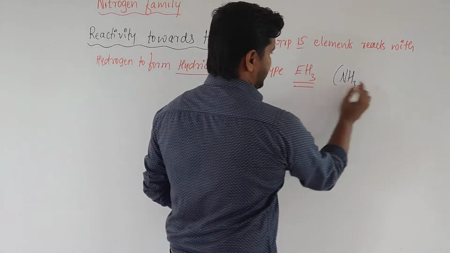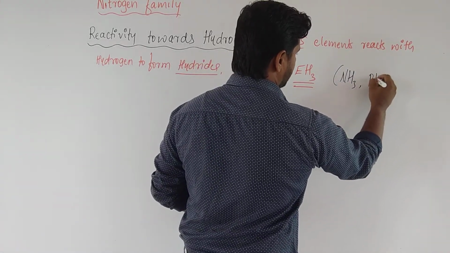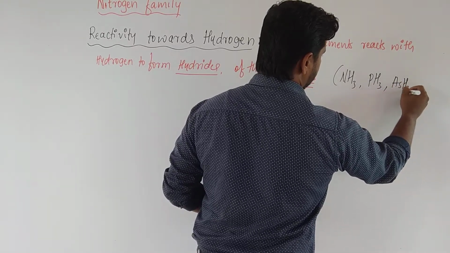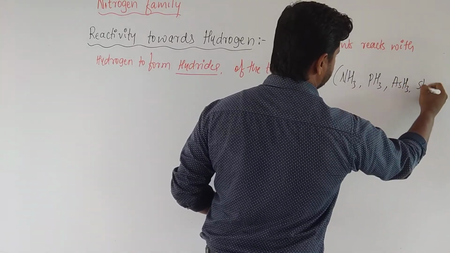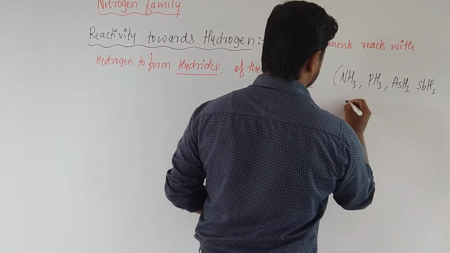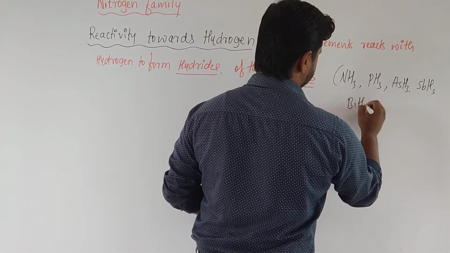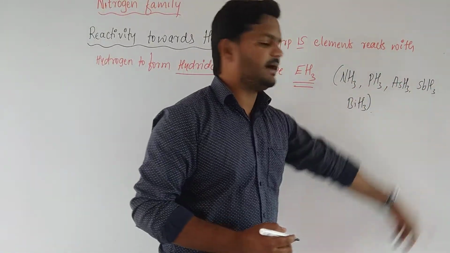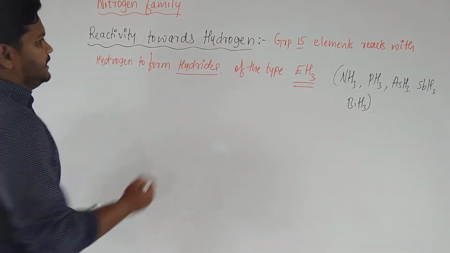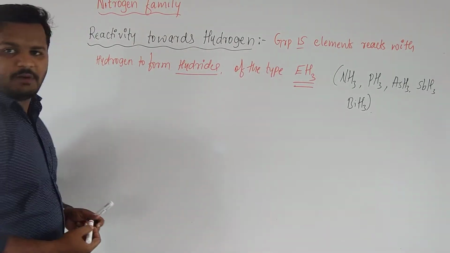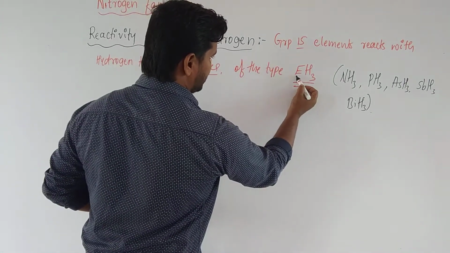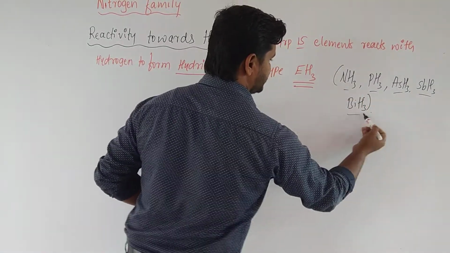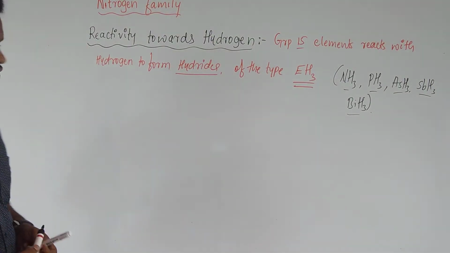EH3 may be NH3, PH3, AsH3, SbH3 and last one BiH3. Okay, ammonia, phosphine, arsine, stibine and bismuthine. Group 15 elements react with hydrogen to form hydrides of the type EH3, where E is a group 15 element. Example NH3, PH3, AsH3, SbH3 and BiH3.